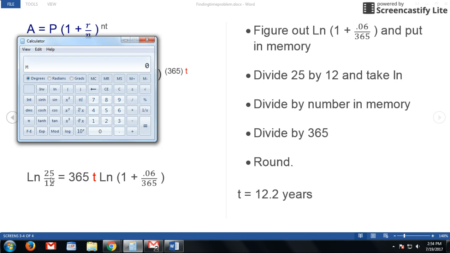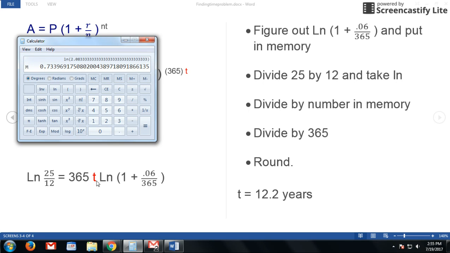Now let's go over to the left-hand side, and let's figure out what 25 over 12 is going to be. 25 divided by 12, press equals. We were supposed to take the natural log of that also, so let's press the LN key. Now the number in our calculator is the stuff on the left-hand side of our equation. Notice that these things with t are multiplied times the t.